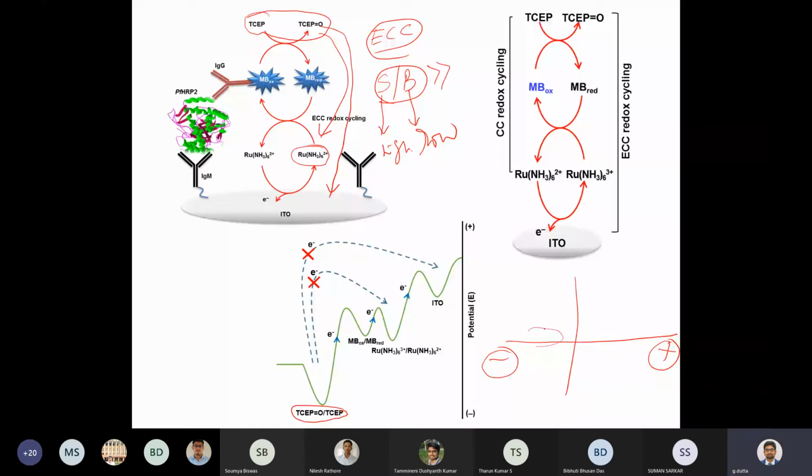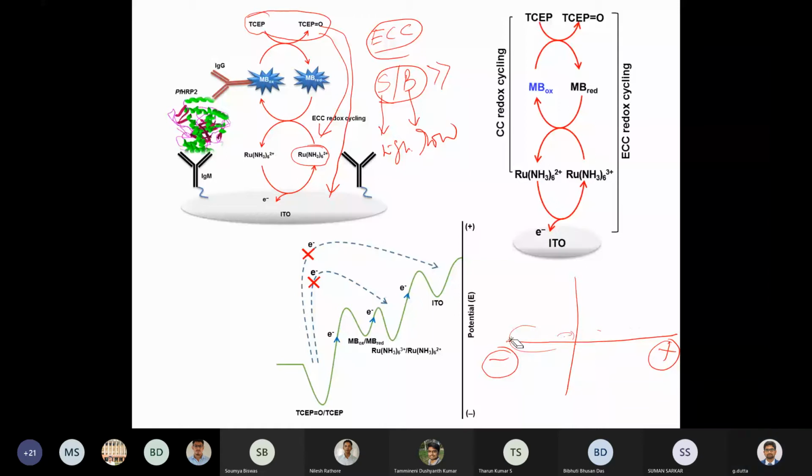I mentioned ITO is the highest positive because it is almost inert and oxidizes at a very high potential. That's why I put it at the very high positive. Then ruthenium, then methylene blue, then T7 will come. That's why I put which one will come first and which one will come lower. Negative means they can oxidize easily on the negative side, and positive means you need a very high potential to oxidize them. So for this biosensor, the T shape should not.